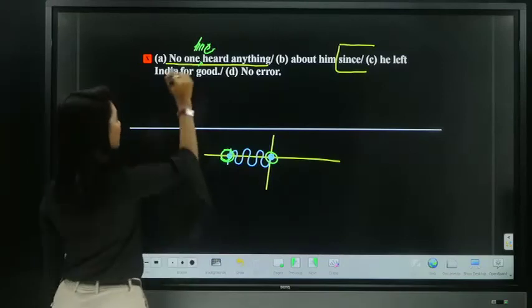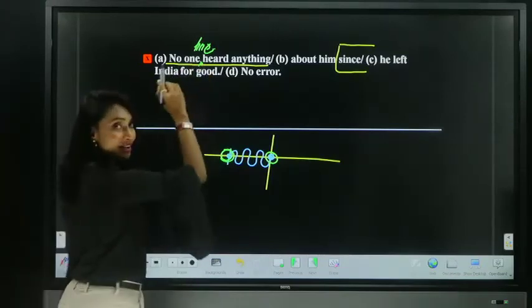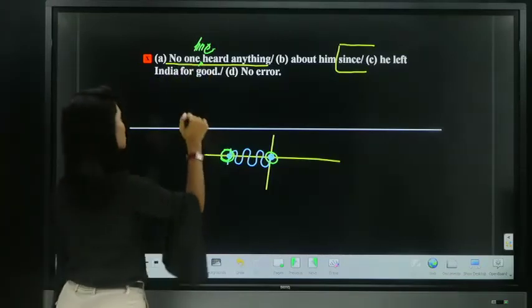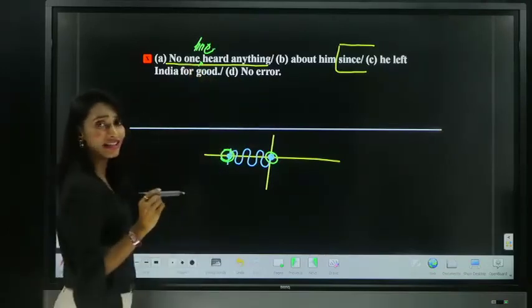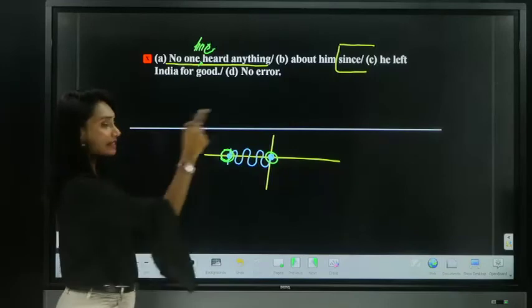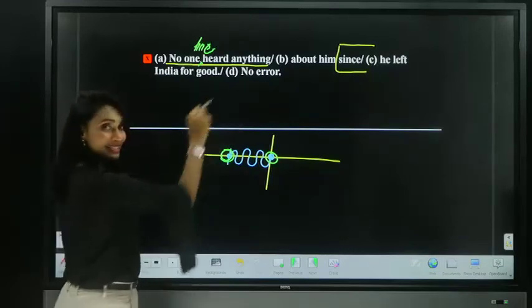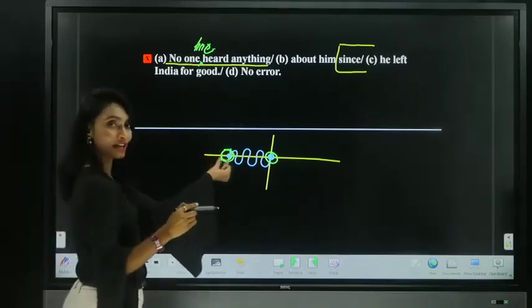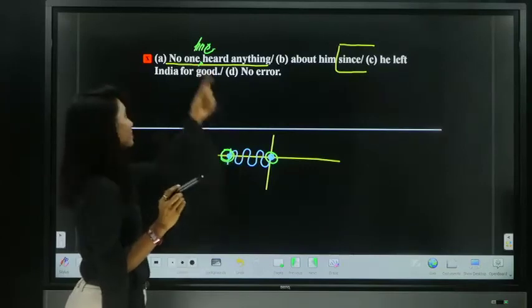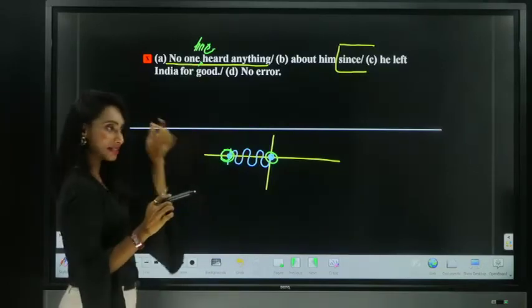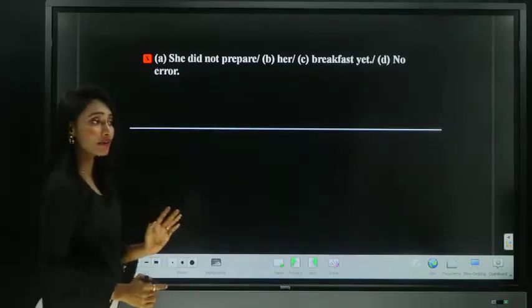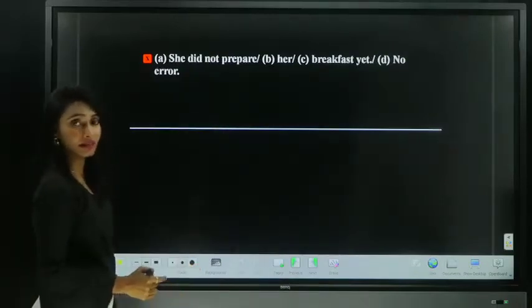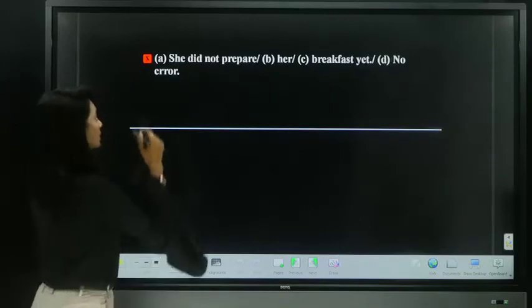So you mostly have to find the error in a particular grammatical situation. You can also change it, but better this is corrected first, because since he is mentioning that point of time, it is okay, but this cannot be in simple past. I hope it is clear, Sunny. If you have any doubts, please ask her.